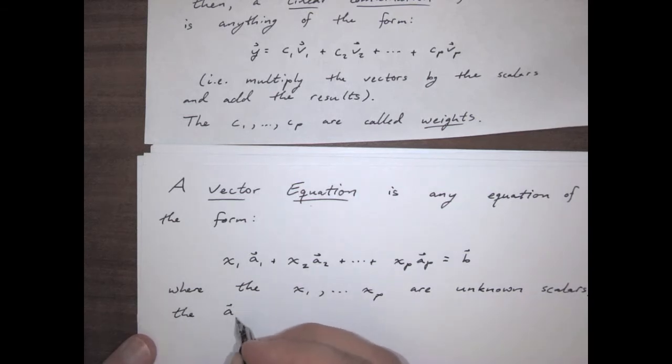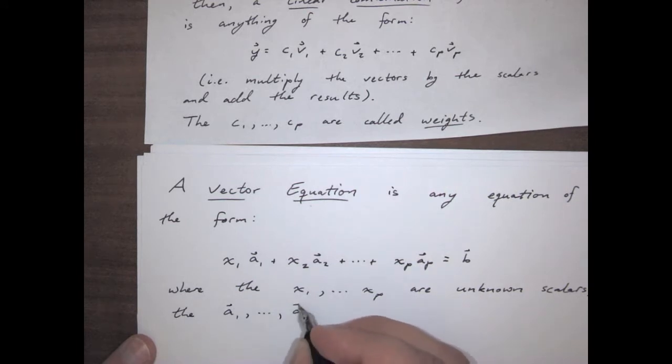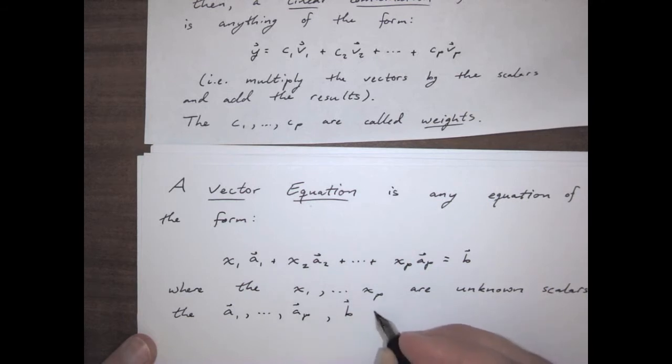The a1 up through ap and b all belong to Rn.